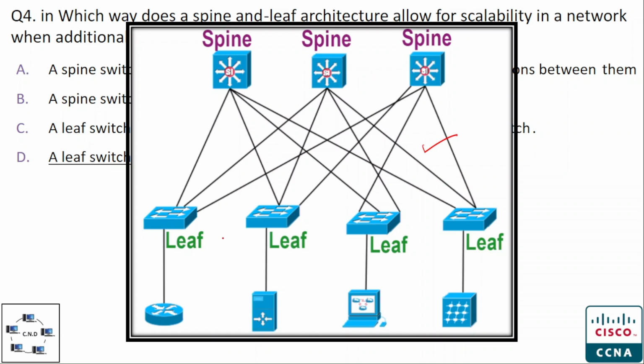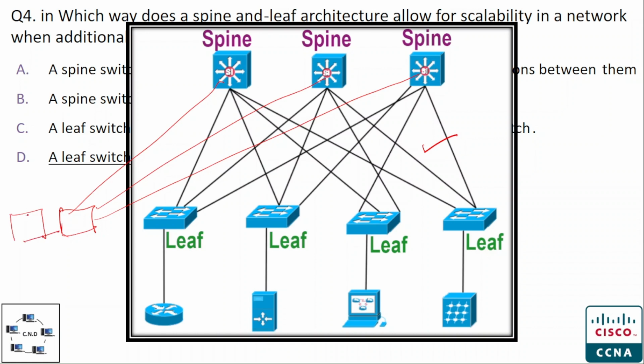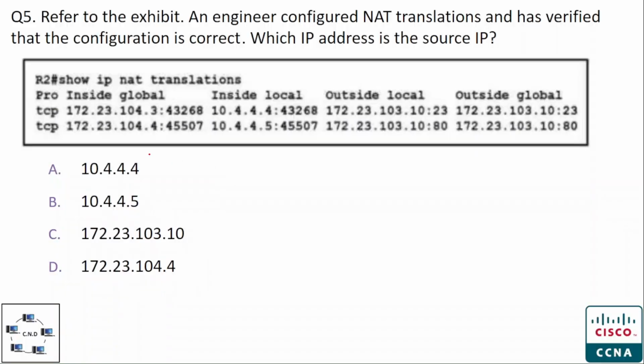So if you run out of ports on your leaf switches, you can add an additional leaf switch and connect it to every spine switch. In this way, this architecture is scalable because you can add additional leaf switches when required. So this is the explanation and the correct answer of this question.